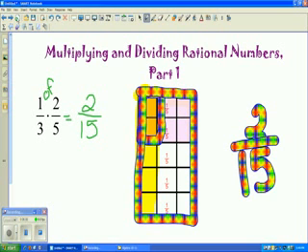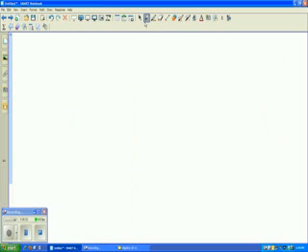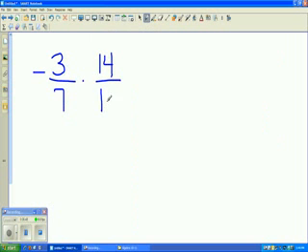Now let's see if we can try a bit more complicated fraction multiplication problem. So let's say that I'll even throw in some negatives: negative 3/7, and I'm going to multiply that by 14/15. Okay, so this is about negative 1/2.